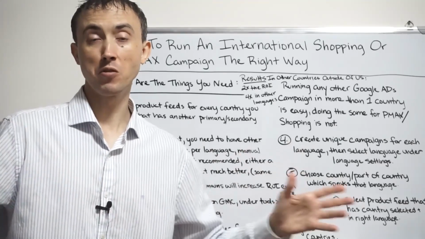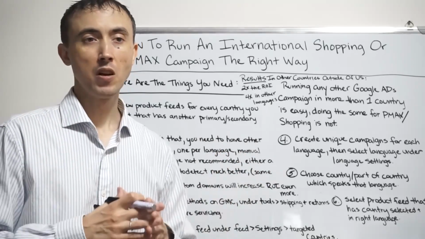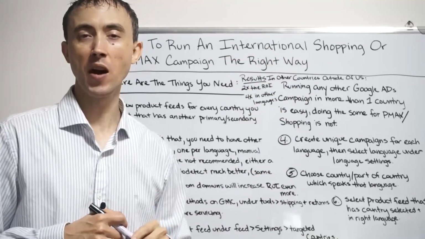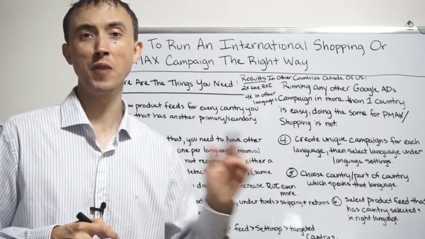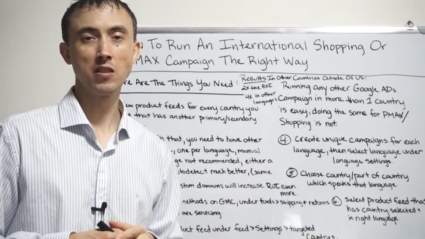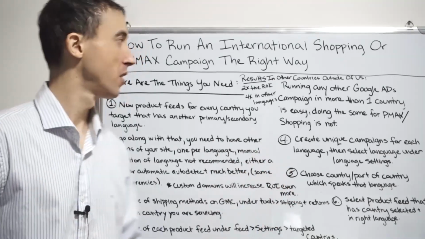But some of you guys are going to do extremely well. And it's all relative. If it costs you $1.50 a click in the US to show up in shopping, it may only cost you 5 cents a click in Russia, for instance. So for that reason, you have to explore this opportunity.